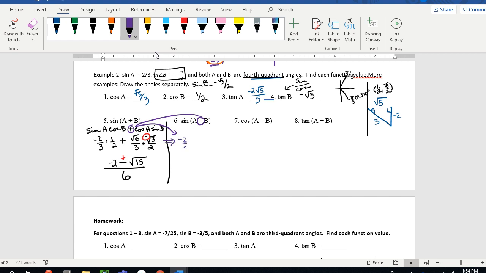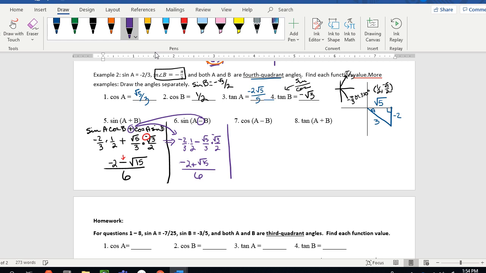So I have negative 2/3 times 1/2, but now minus square root 5/3 times negative root 3 over 2. So what's going to happen here is I get negative 2 plus the root of 15 all over 6, and there was very little change. I took a major shortcut there.